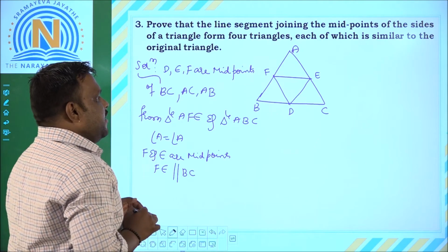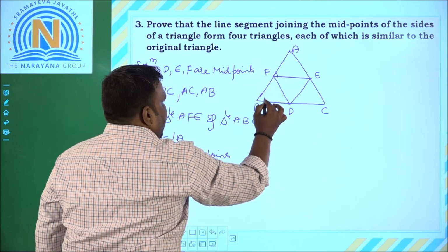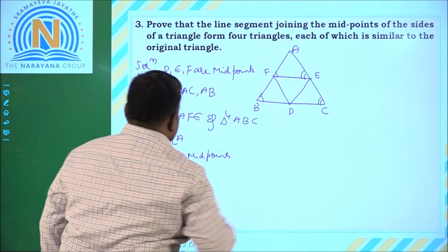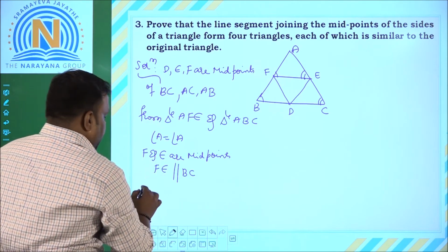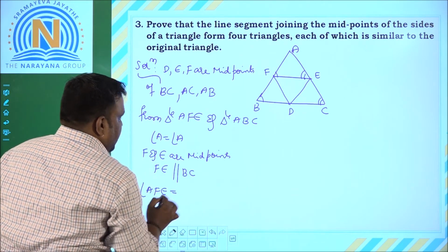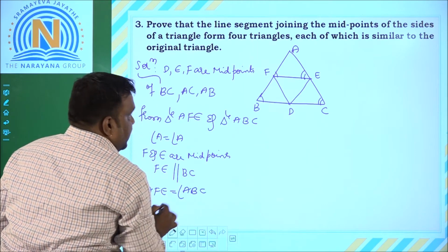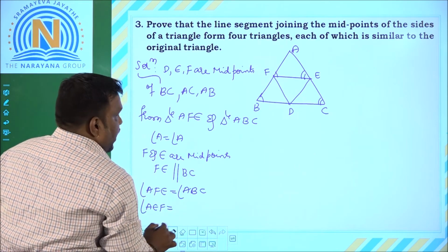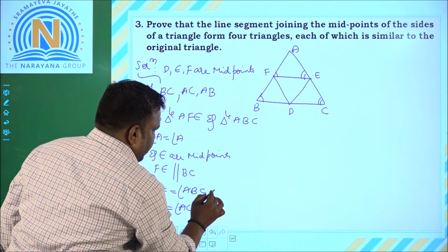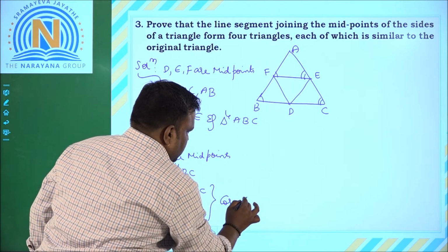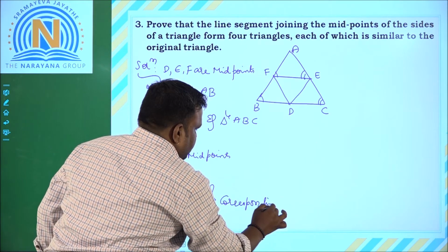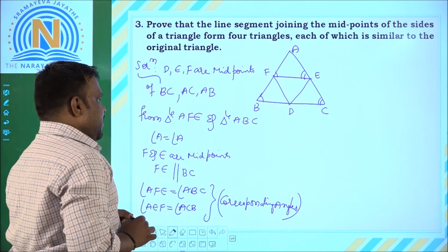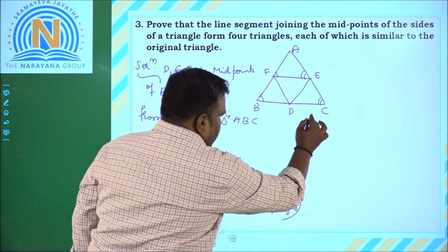So if FE is parallel to BC, then angle F and angle B will be corresponding angles. In the similar manner, angle E and angle C also will be corresponding angles. So angle AFE is equal to angle ABC. Similarly, angle AEF is equal to angle ACB. These are corresponding angles, which are equal. So according to AA similarity criteria, triangle AFE is similar to triangle ABC.